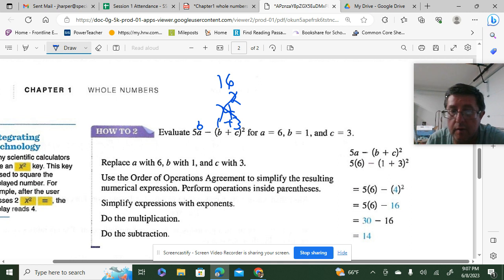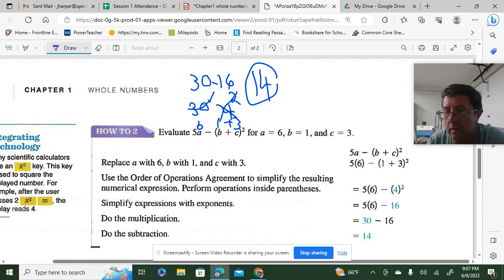Then we go 5 times 6 should equal 30. So we go 30, and let's put it up here a little cleaner. 30 minus 16 should equal 14.